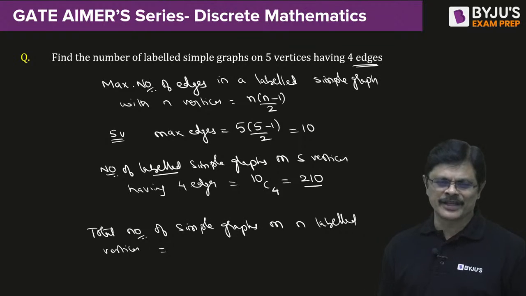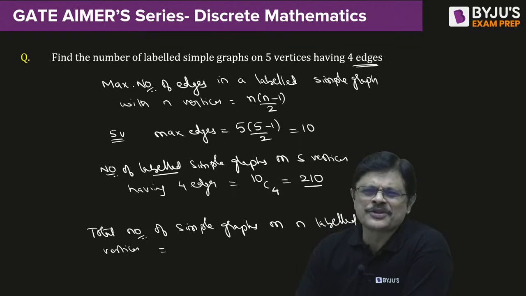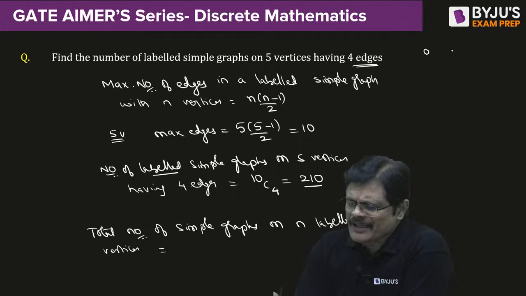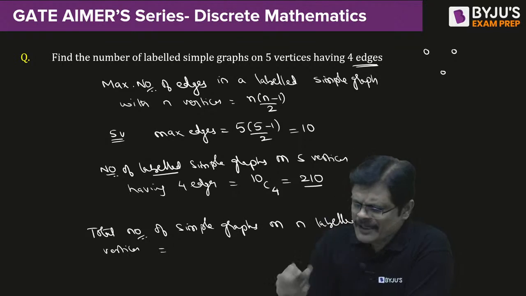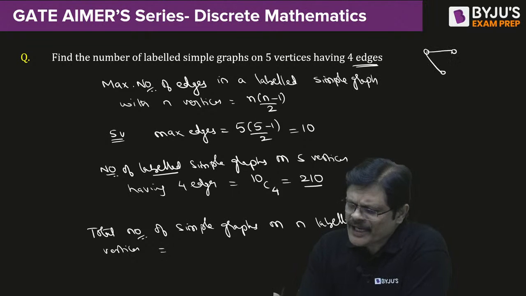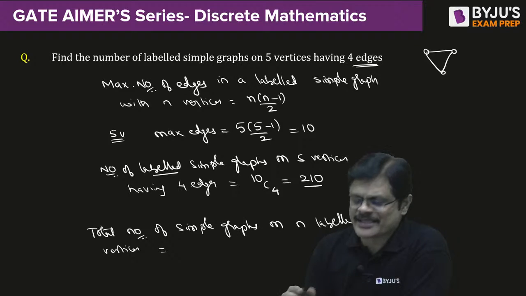I'll tell you a very simple story. Suppose you are having 3 vertices. With 3 vertices, the maximum you can have is 3 edges. Correct or not?